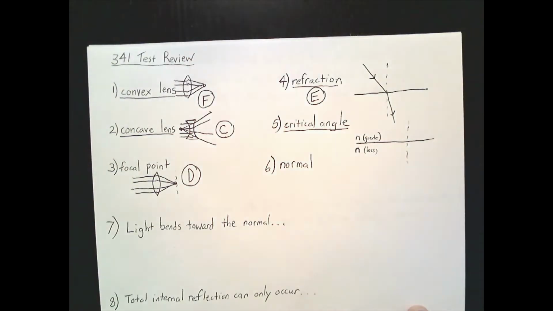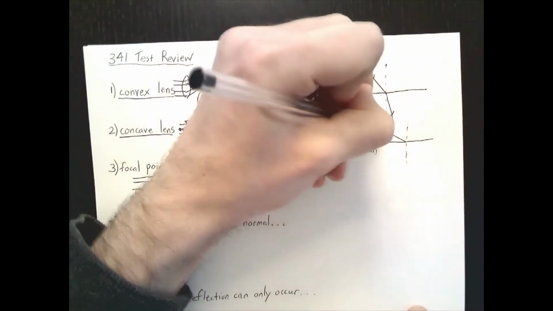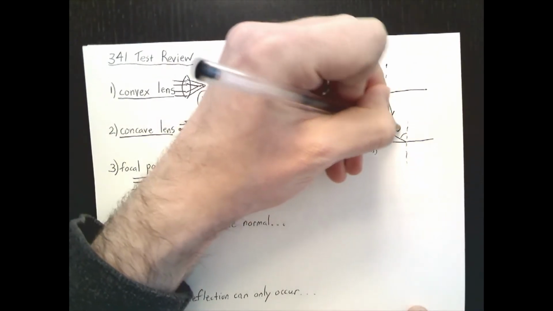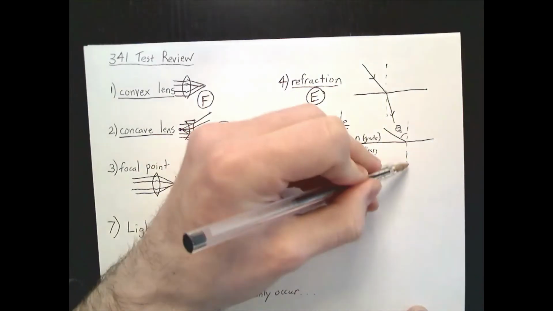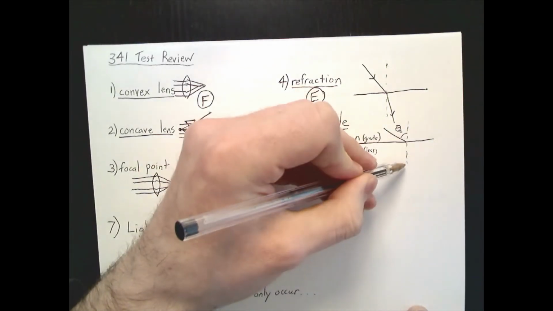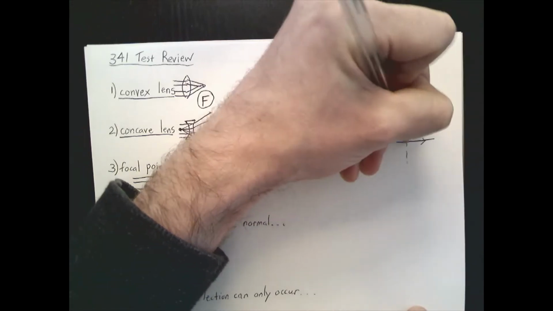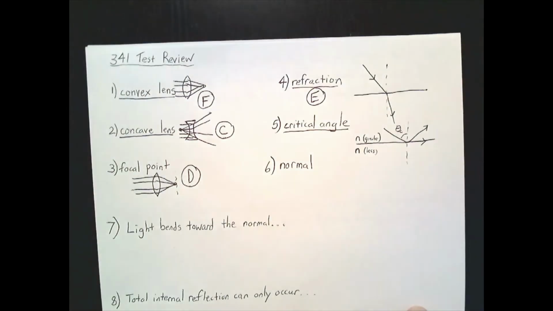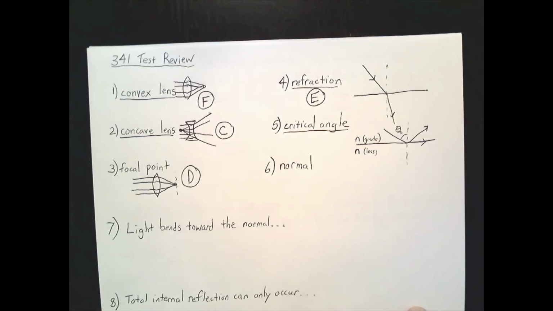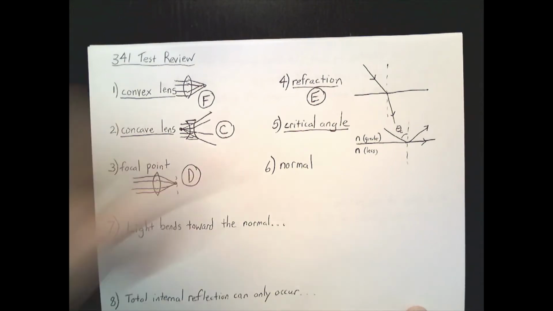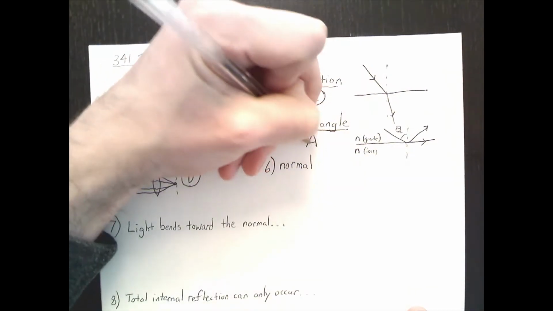And what happens is, if light enters at the right angle here, we call this the critical angle, the light is going to bend away from this line so much that it actually ends up trapped back in the material, or reflecting inside. And that's what we call total internal reflection. So we're looking at the angle for which all light is totally internally reflected, and that corresponds to answer A.